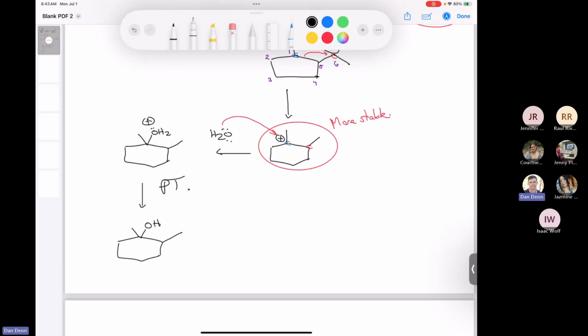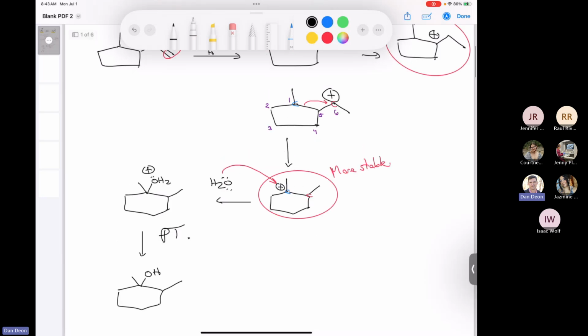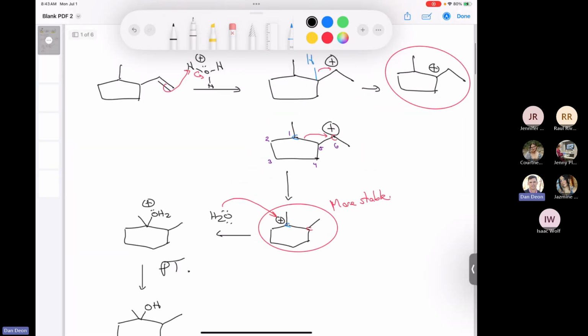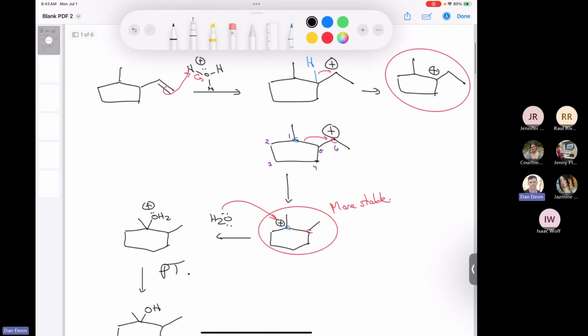There you go. So in organic chemistry, you saw this in chapter 7, oftentimes we get mixtures. So in this case, might we get a mixture? Yes, but the bottom line is that the carbocation in the circle at the bottom with the 6-membered ring is going to be more stable than the carbocation in the 5-membered ring, okay?